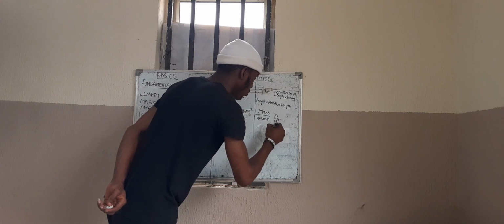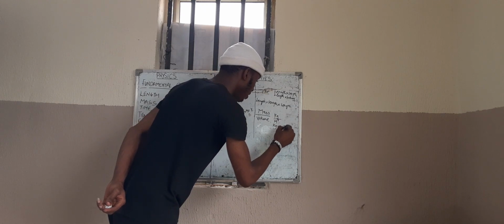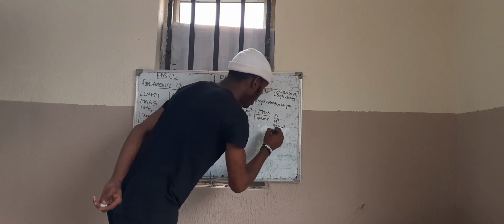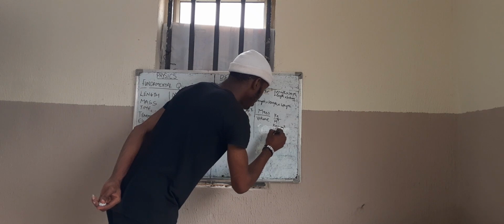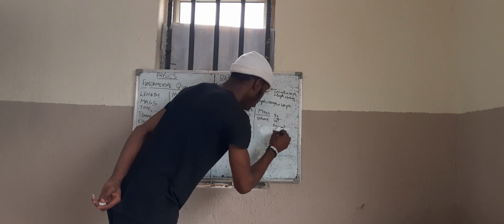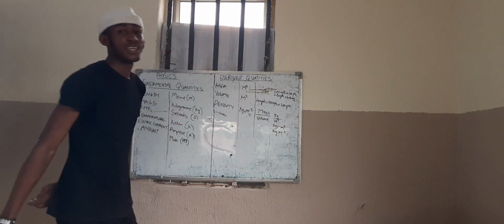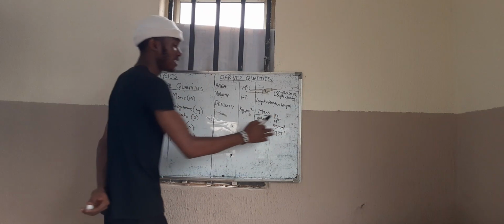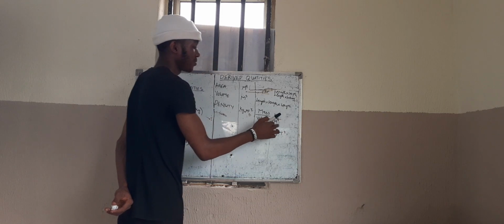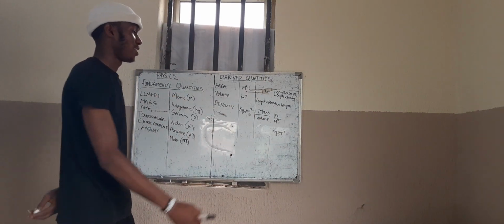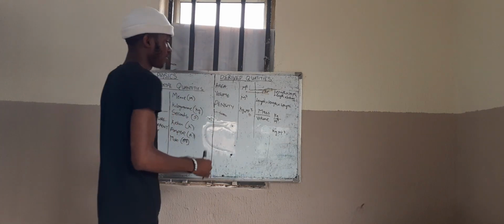Let me show you the full working. kg divided by m3, which is kg m raised to power negative 3. This is because it was divided. If you have multiplied, this meter won't have a negative sign. I'll explain that later though.